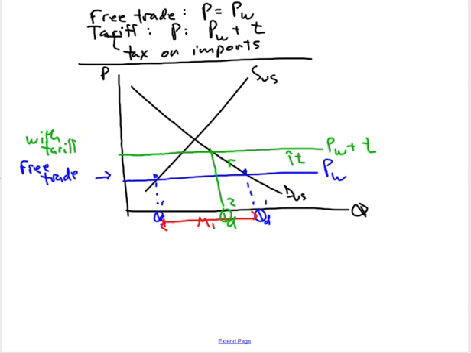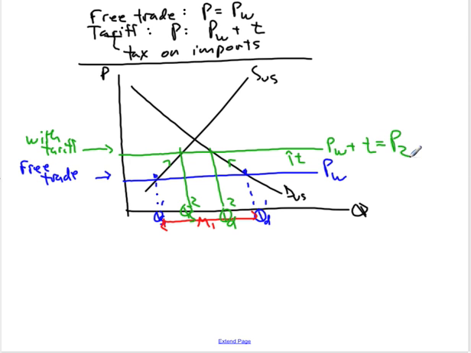Free trade means no tariff. If we're trading but the government imposes a tariff, then the higher price will encourage American producers to sell more. They'll be willing to produce QS2 if they can charge the higher price PW plus T. That's our new price, P2.